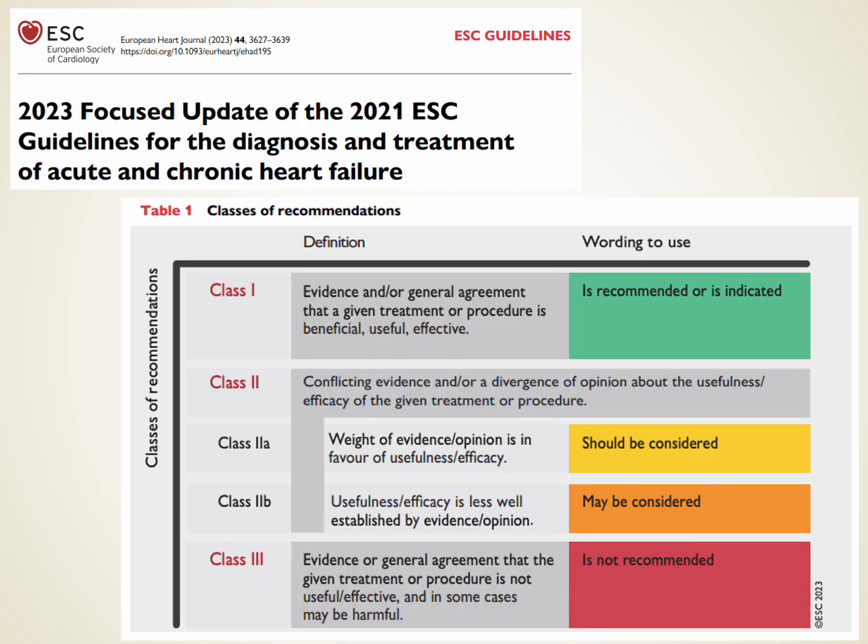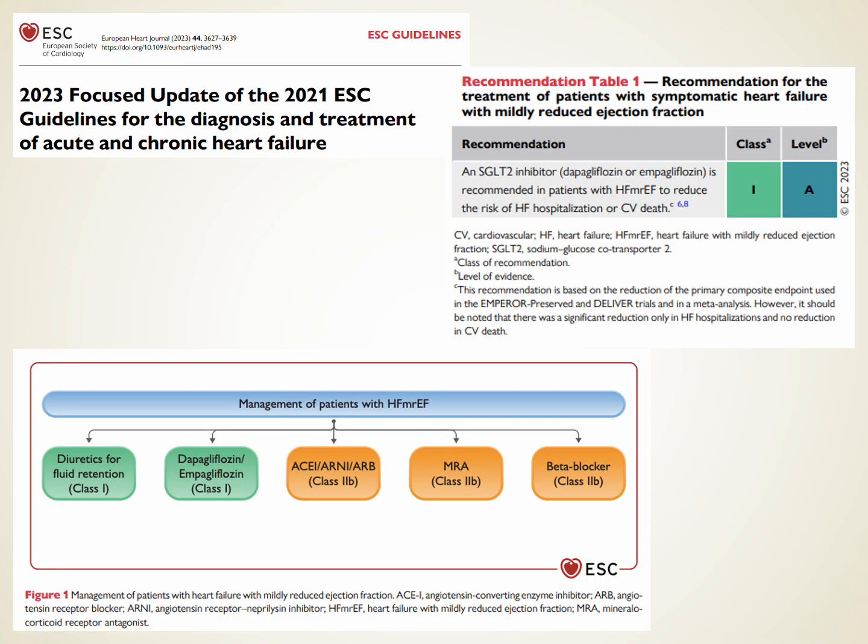And the recommendations, the strength of recommendations, as they allude to in the 2023 guidelines, as you see, patients who have mildly reduced ejection fraction, the role of an SGLT2 is absolute.